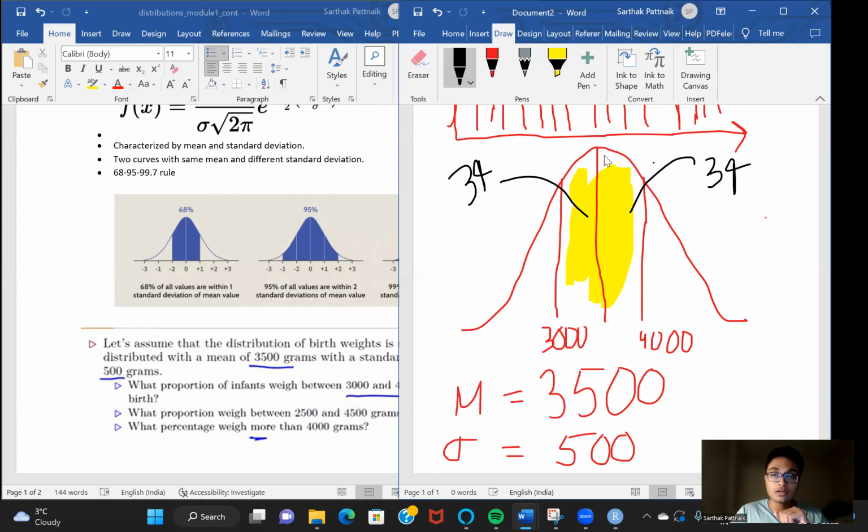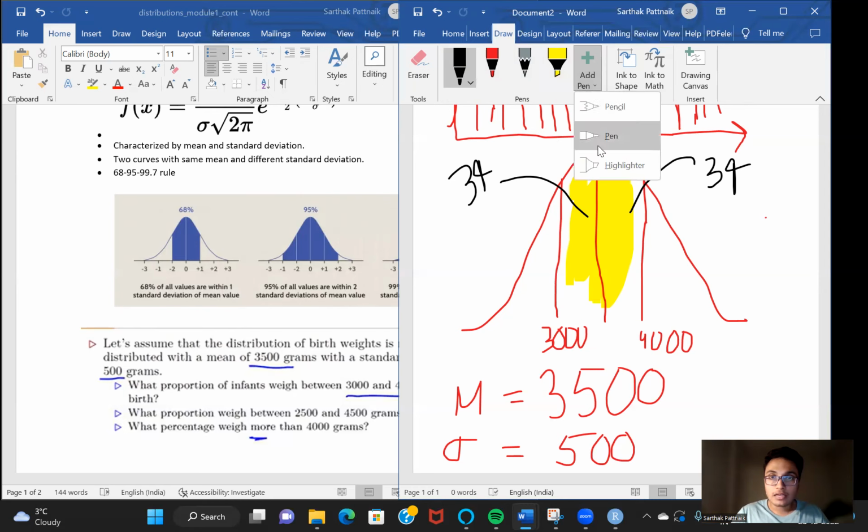And if you look at the mean, which is 3,500, then from basic understanding you can say that towards the left of my mean, there's 50% of the data, and towards the right of the mean, there is 50% of the data, which also follows from the symmetric property of normal distribution.